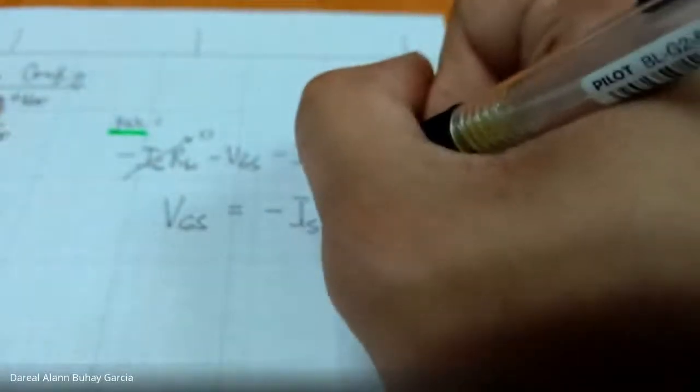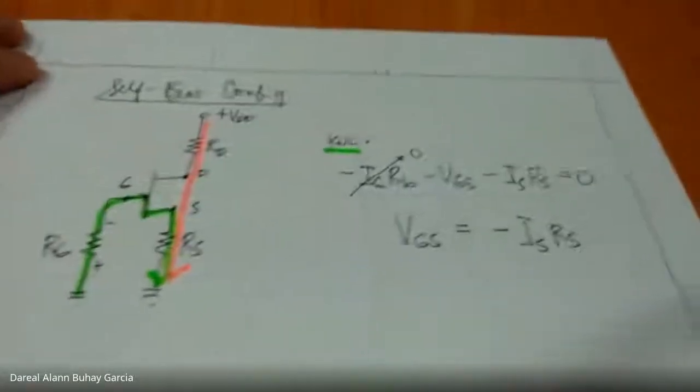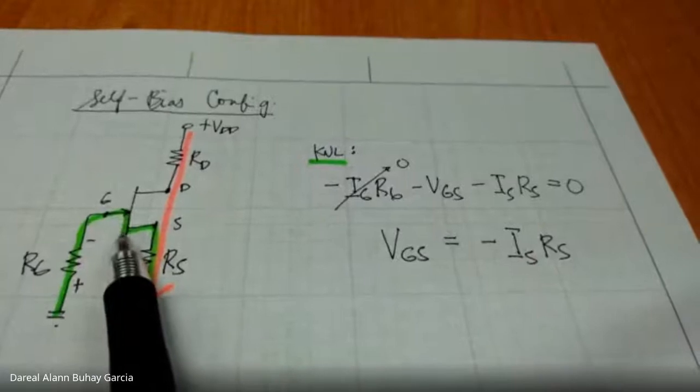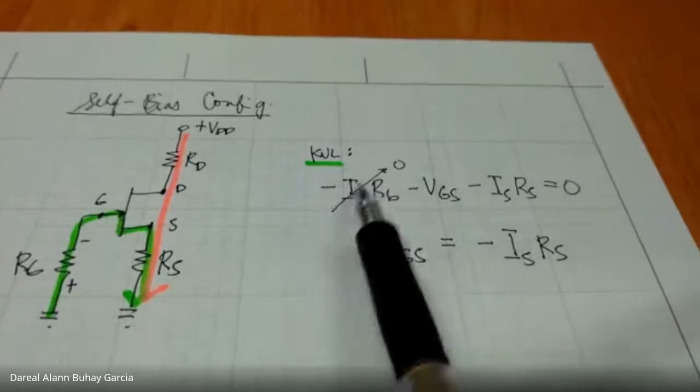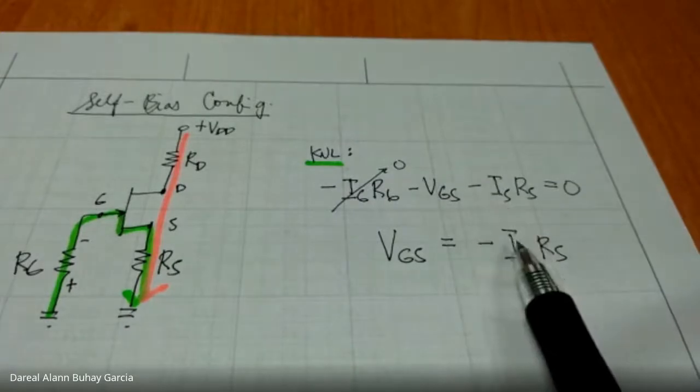Then again, IGRG is 0. Therefore, VGS is just equal to negative ISRS.